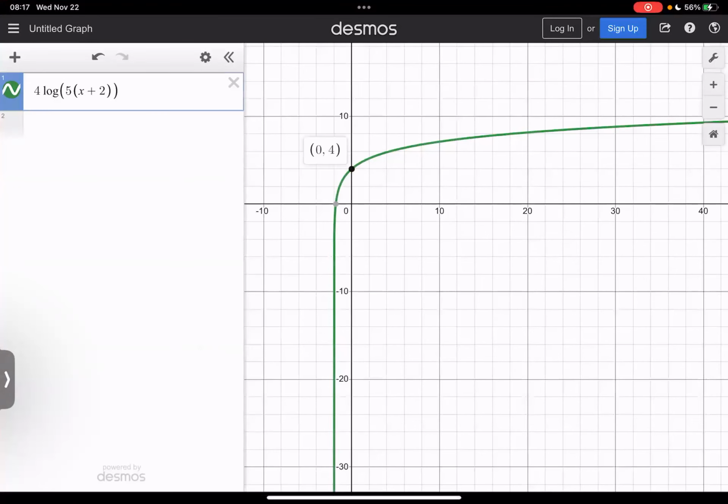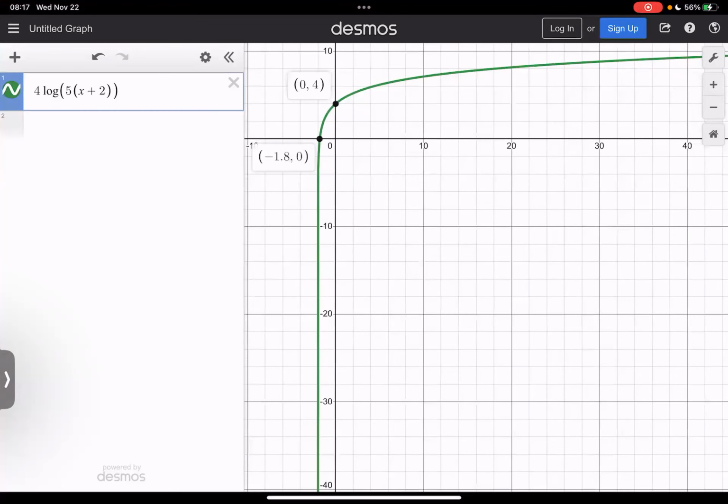So this can grab some key components here, is what this graph would look like. Clearly still a log graph. It's got that same shape, but it's been shifted over for sure to the left, but also it's been shifted over vertically as well.